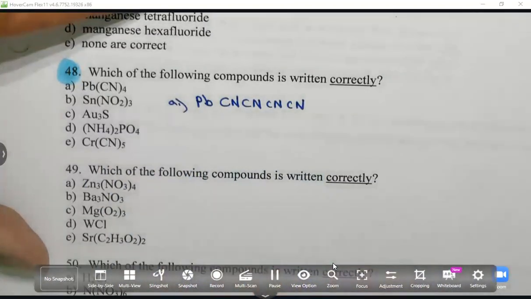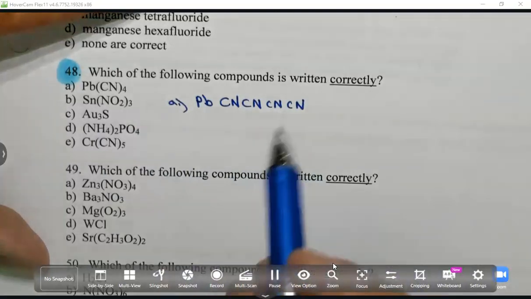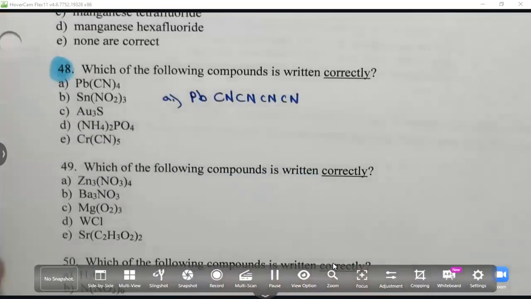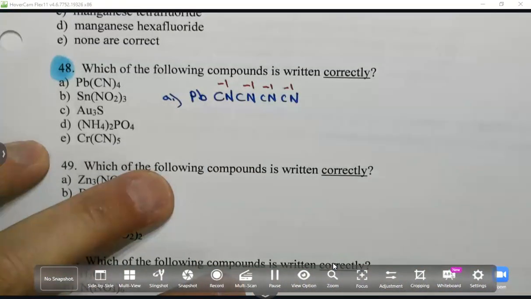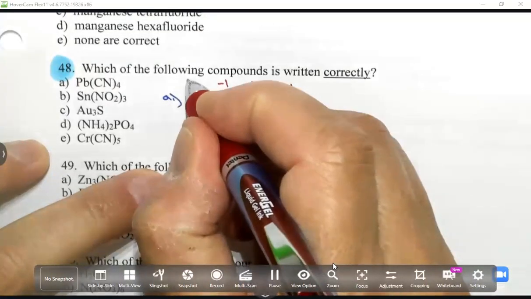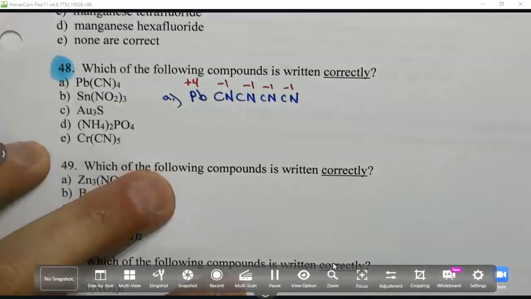What's the charge of cyanides? Every one of these cyanides is a -1, -1, -1, -1. That means this could be a lead-4 cyanide.